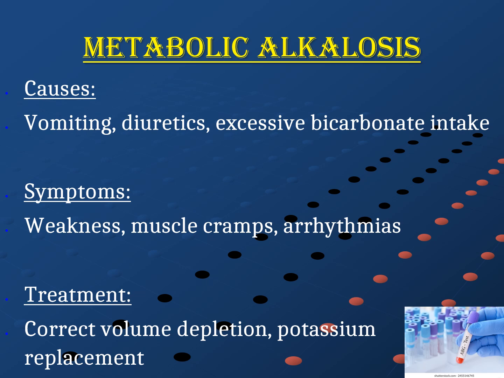Correct volume depletion, replace lost fluids. 2. Potassium replacement, restore normal potassium levels. The goal of treatment is to address the underlying cause of the alkalosis and restore the body's acid-base balance. Correcting volume depletion and replacing potassium can help alleviate symptoms and normalize the body's pH levels.